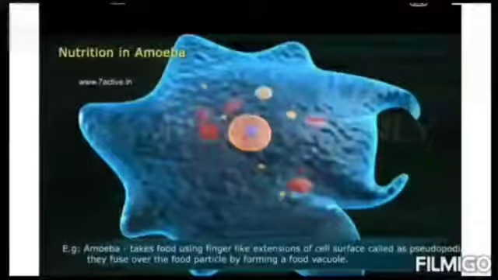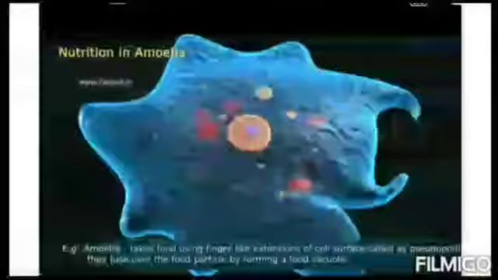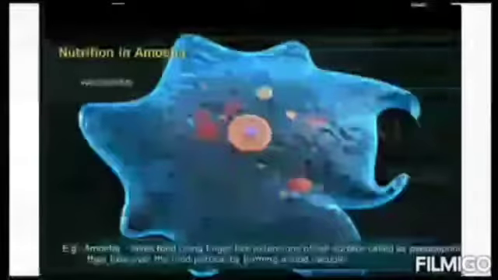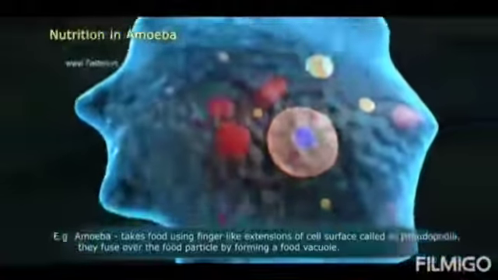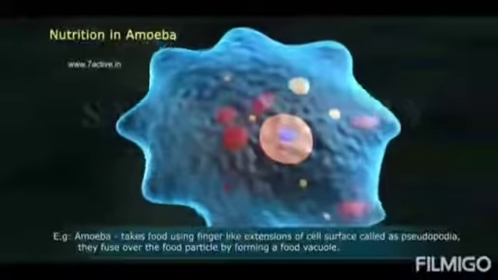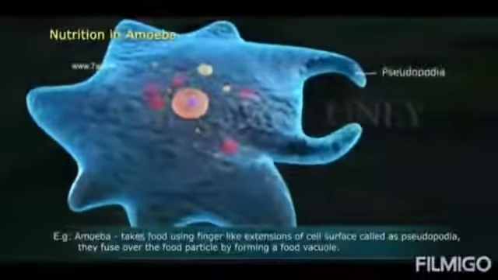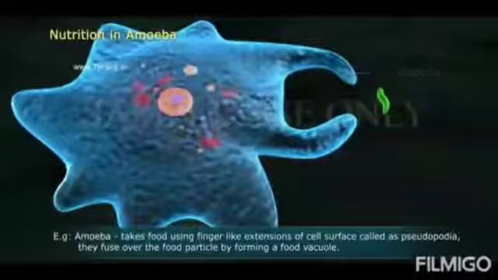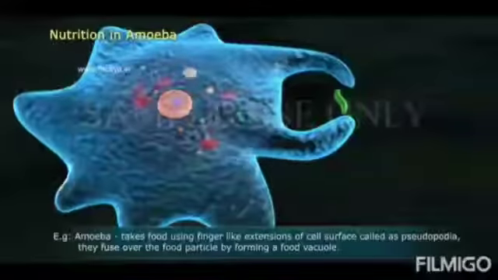In that sense, it is very interesting to know how it obtains its food. Amoeba takes food using finger-like extensions of the cell surface called pseudopodia. They fuse over the food particle, forming a food vacuole.